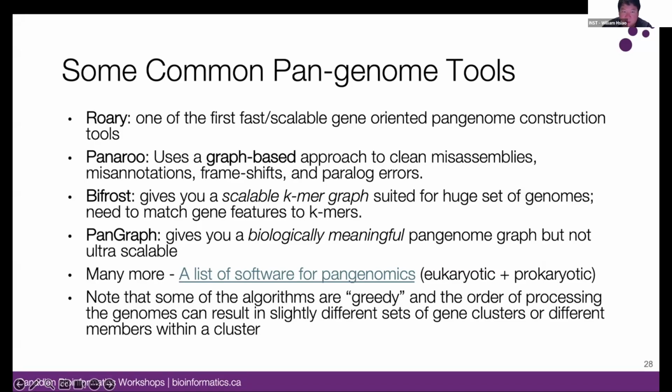So just be careful that if you sort the genomes randomly and run them through the pipeline of some of these tools, you can actually get slightly different clustering or slightly different gene family memberships as a result.